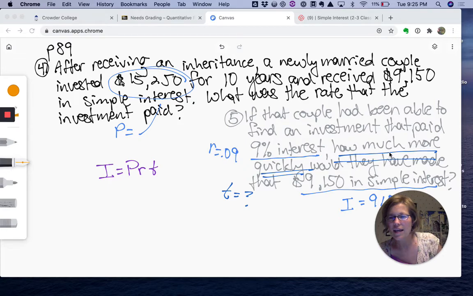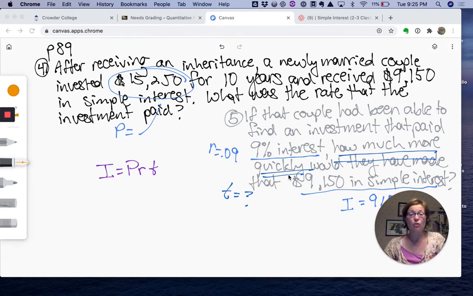What we're looking at, how much more quickly, that has to do with time. Now, we want to, in the back of our mind, think, okay, how much more quickly? I know that has to do with time, but they're not saying how long. They're saying how much more quickly, which means I'm going to need to compare the answer I get with that 10 years originally.